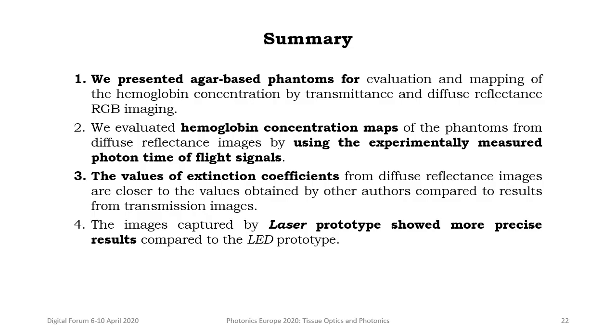If we compare diffuse reflectance and transmittance images, the results show that the values of extinction coefficients from diffuse reflectance images are closer to the values obtained by other authors. And the laser prototype showed more stable and precise results compared to the LED prototype.